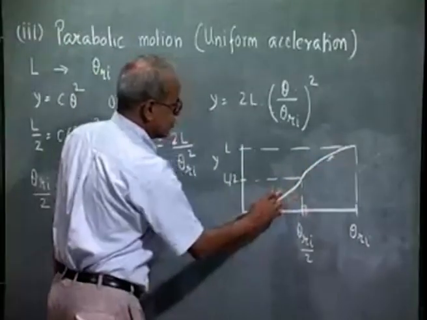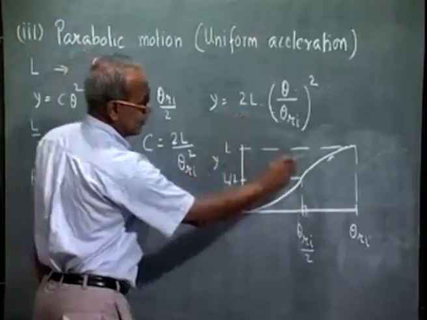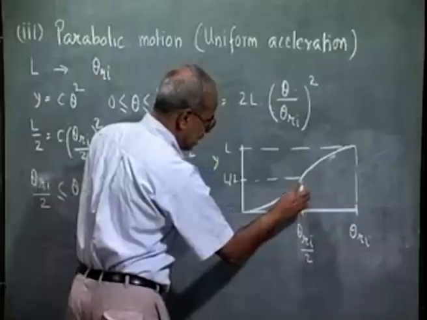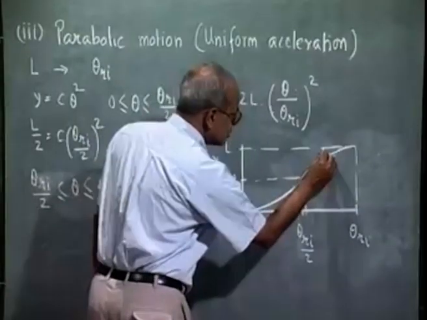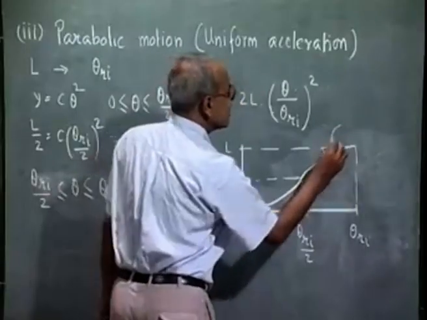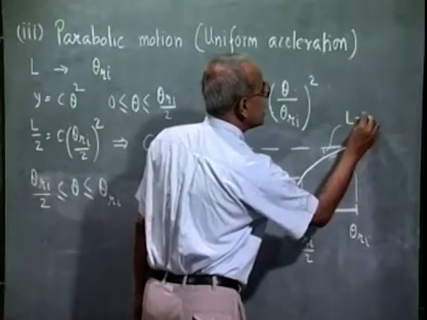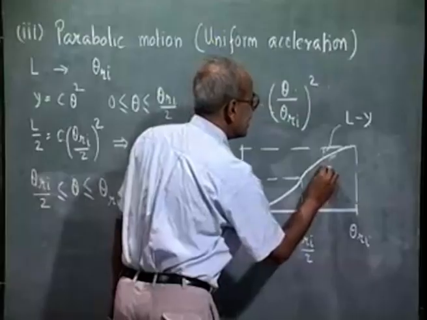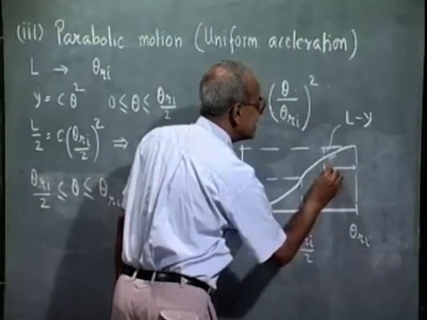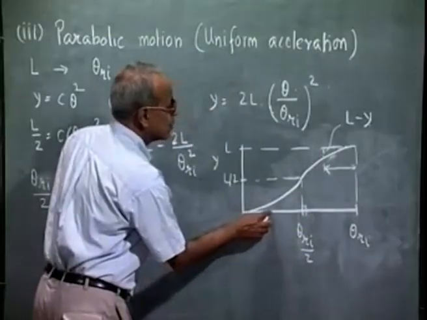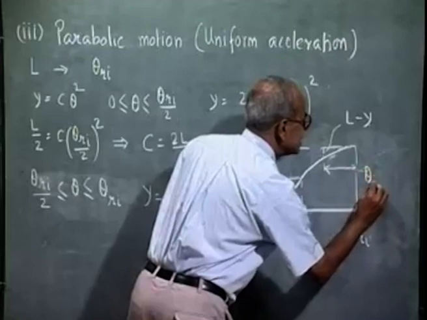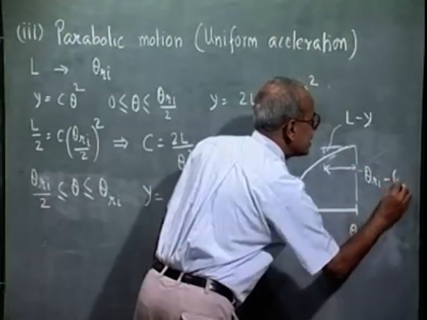So we have got the equation for this as this. We have to only write the equation for this. And this parabola is same as this parabola. So what is this? This distance is nothing but L minus y. And what is this? Which is equivalent to theta here, but here as I see, this is nothing but theta Ri minus theta.